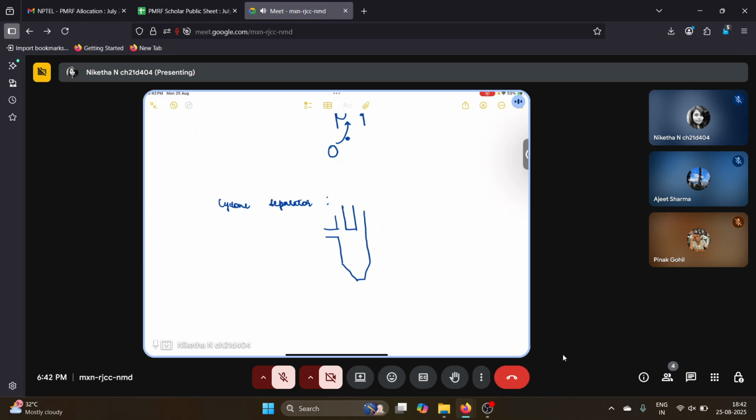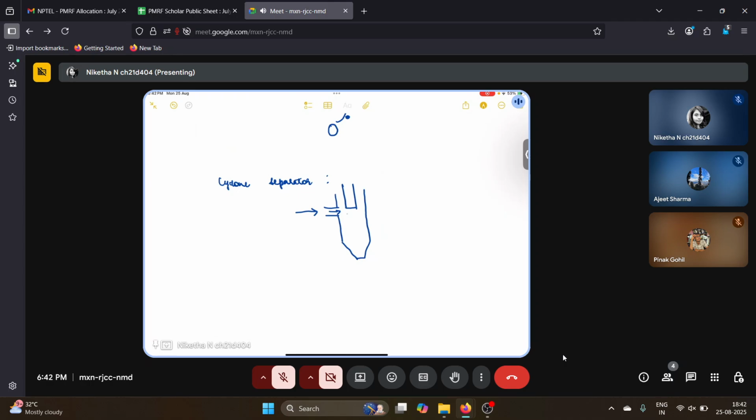When air comes, this is the inlet. When air enters, it goes this way, and the air enters at a high velocity. Along with the wind there may be particles, so have you all heard of this force called centrifugal force?